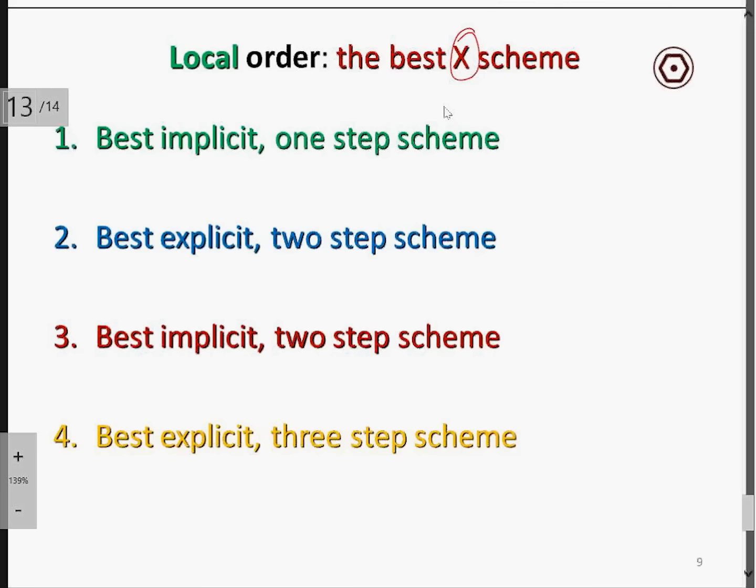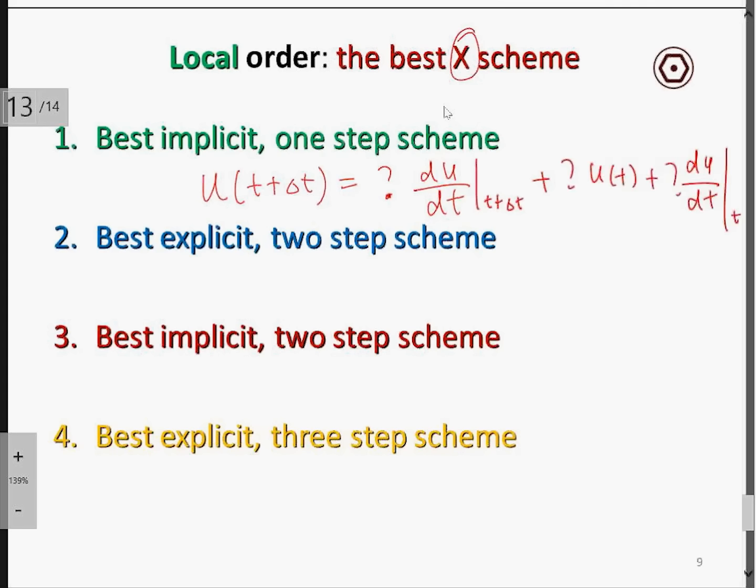I'm going to give you the formula now. Best implicit one-step scheme means I want u at t plus delta t equal to something times du dt at t plus delta t, plus something times u at t, plus something times du dt at t.